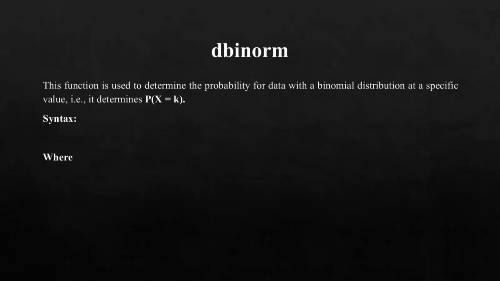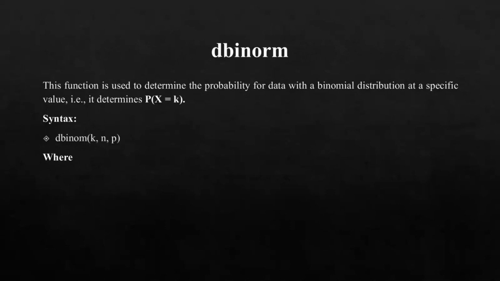So what is actually dbinom? This function is used to determine the probability for data with a binomial distribution at a specific value. It determines P(x) equals k. The syntax is quite simple and as follows.